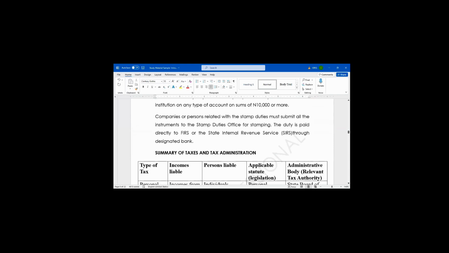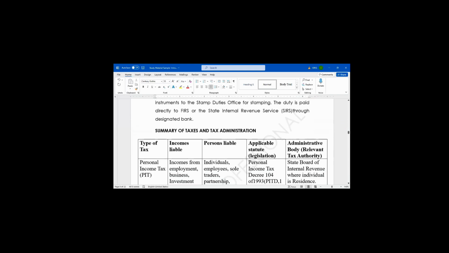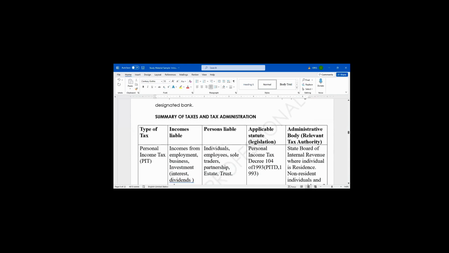Now, let's look at the summary of classification of taxation. Number one type of tax that we have, personal income tax. What type of income is personal income tax liable on? Income from employment, income from business, income from investment. Who is liable to pay personal income tax?